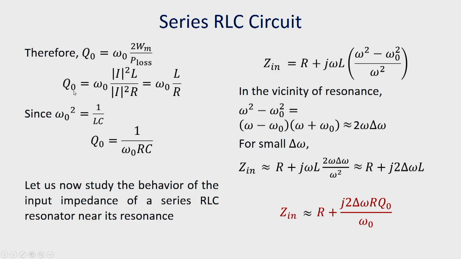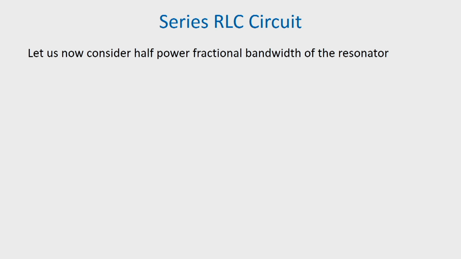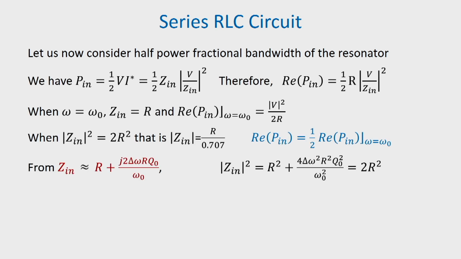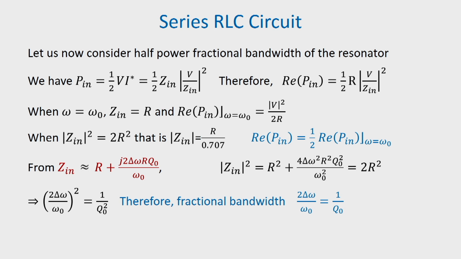Whereas, if R is very small, then Q naught will be large and fractional bandwidth will be very small. So, for a highly tuned circuit or a very narrow band resonator, we will have large value of Q naught, and for that we will have R to be very small.